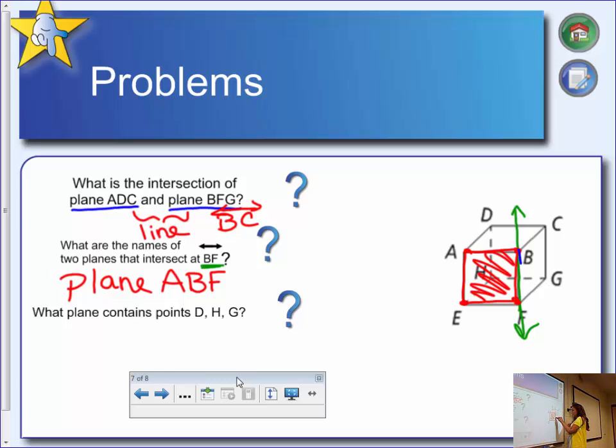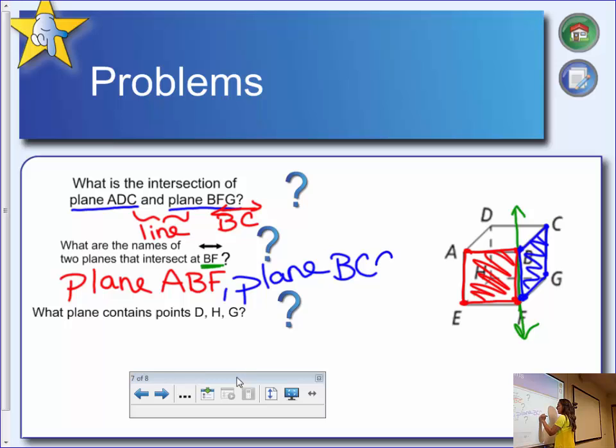The second plane that intersects that also contains BF is the side here with the points B, C, G, and F labeled, okay? So pick any 3 points, let's do BCG, and that names that plane. If you have questions about how you named it or if you're not sure if you named it correctly, just please ask me in class tomorrow.